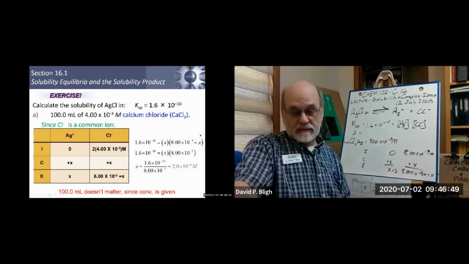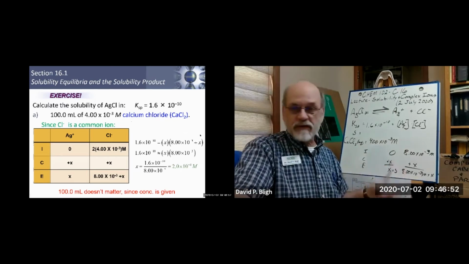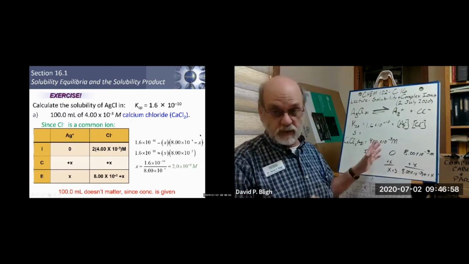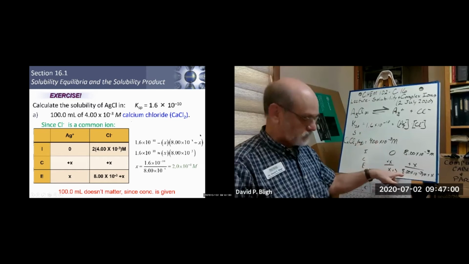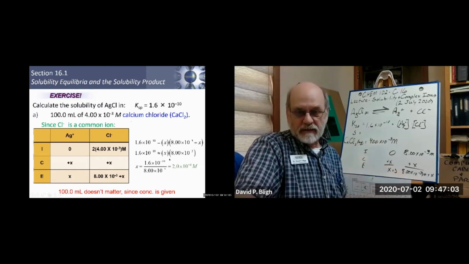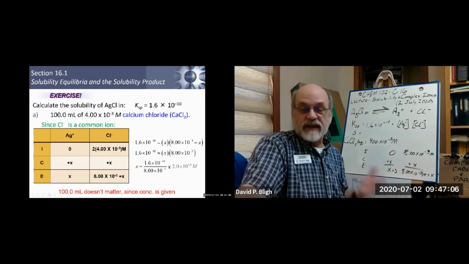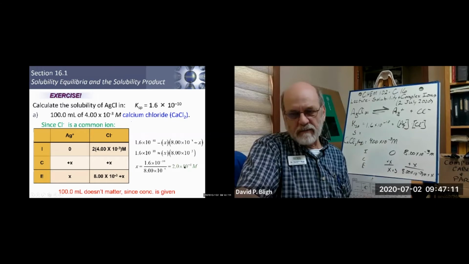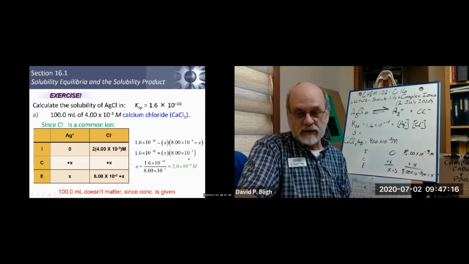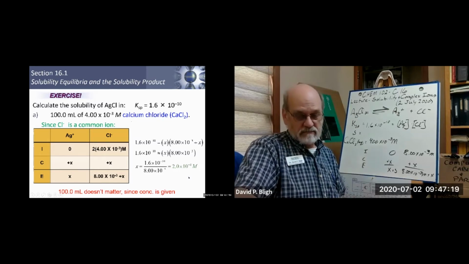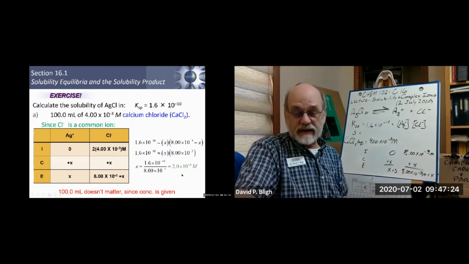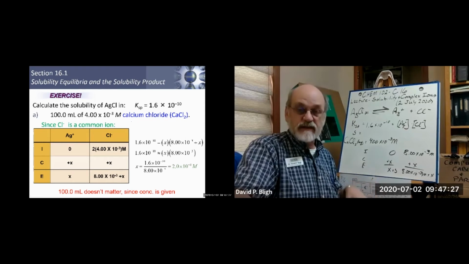Well, we can make that assumption rather than solve a quadratic and then do our 5% calculation. It works for this one as well as any other equilibrium. But I'm asking you to take it on faith. It is within 5%. And if we take this at face value, then that 10 to the minus 8 is much, much smaller than this one. So it should be within the 5% rule. And we just solve for the X, and the way we've chosen X says that X is the solubility.